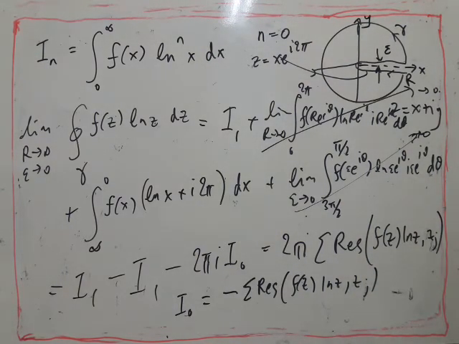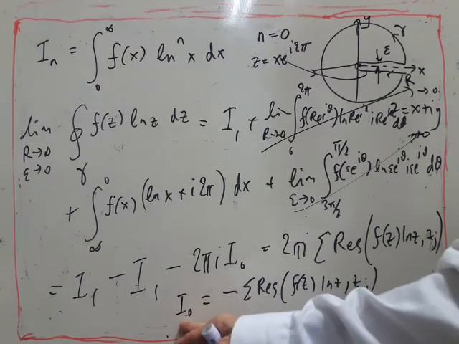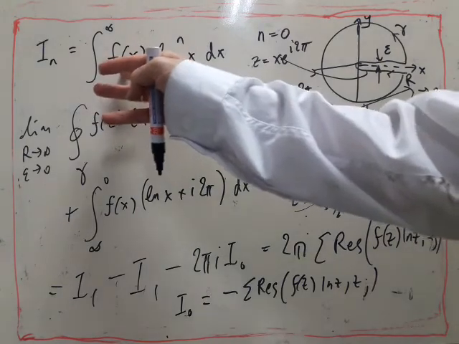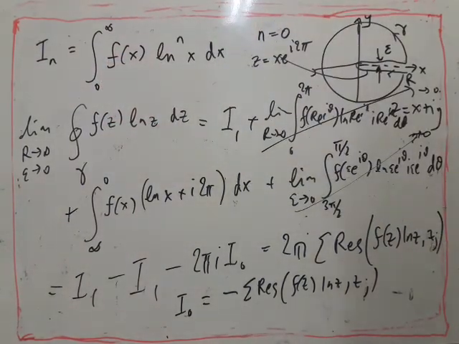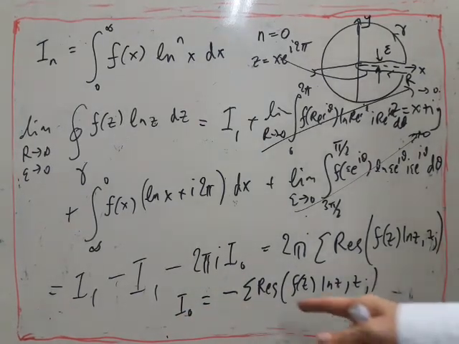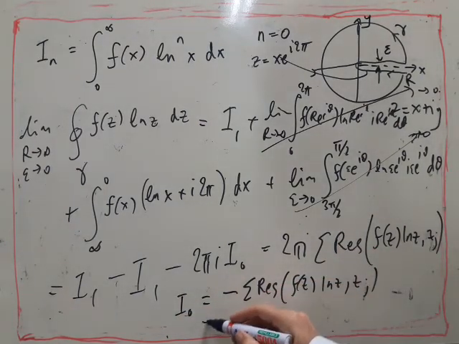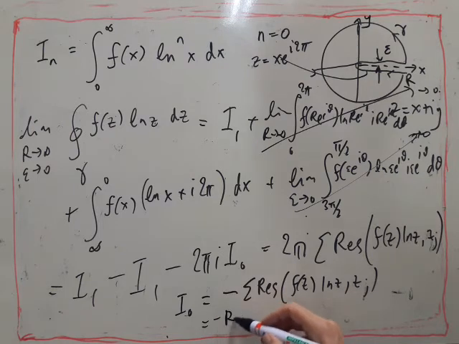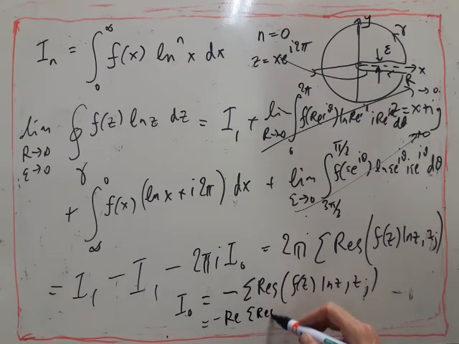I'm going to go on about this a bit later. Just remember that f of x is very likely to be real in your problem. So you should get a real answer, which means that if you like, you could write this as the real part of the sum of the residues.